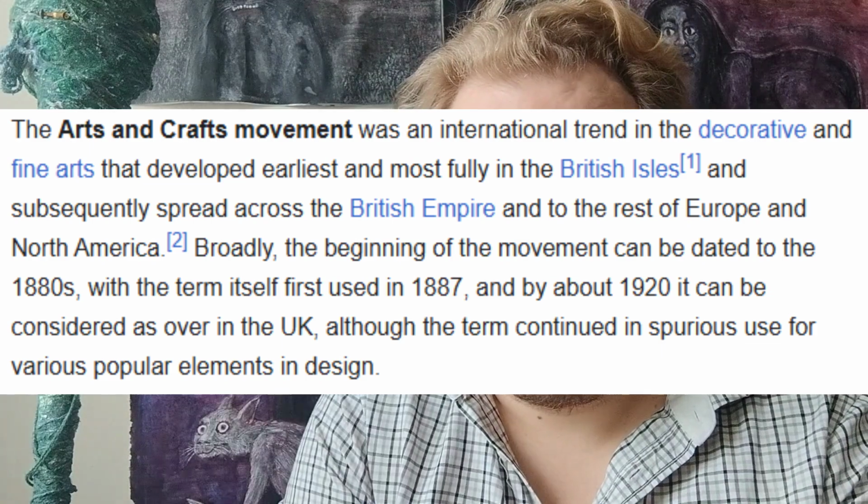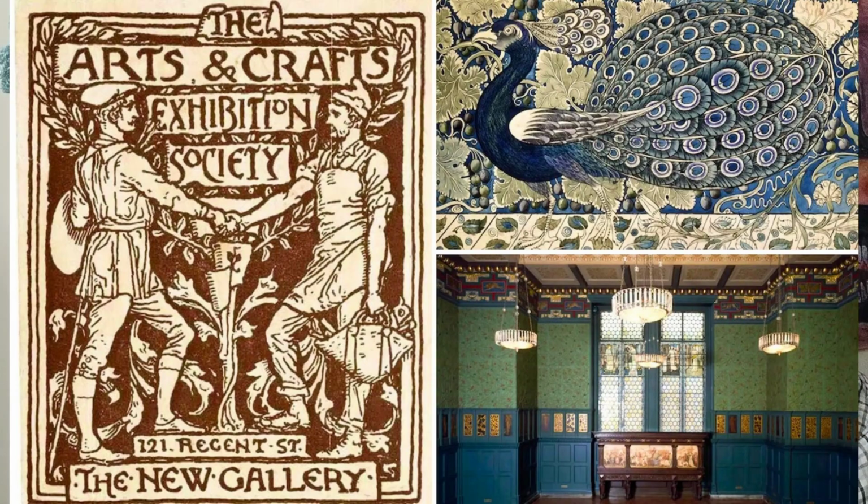And a lot of what Carl Larsson is, even though you're going to see a lot of rural scenes, is very much a new invention. This would go hand in hand with the arts and crafts movement of Britain, which is a reaction against industrialism, against the new metropolitan way of living where everyone is in the city.